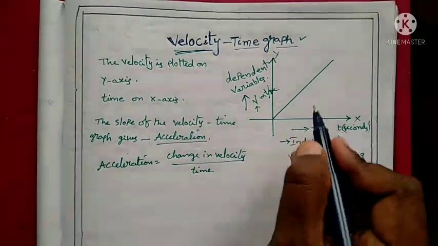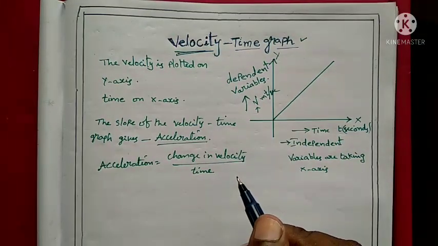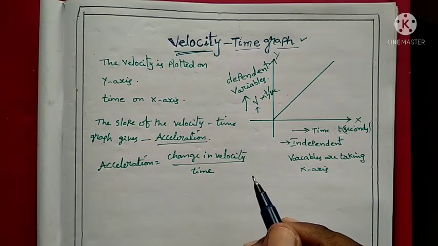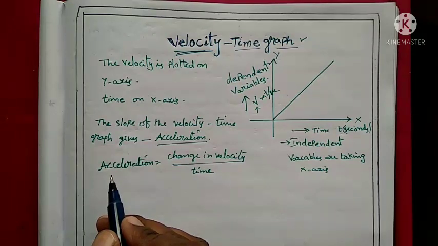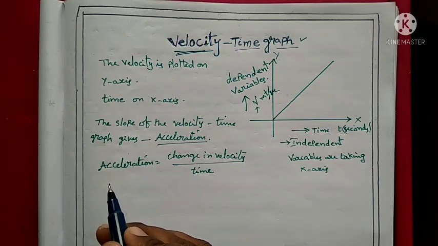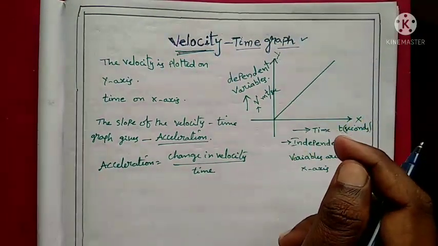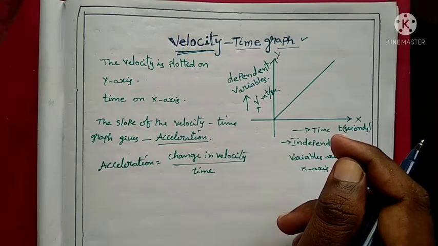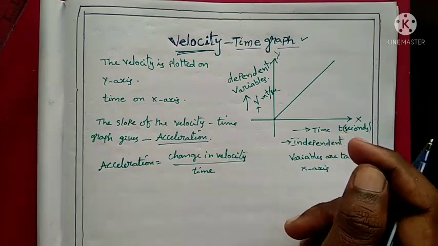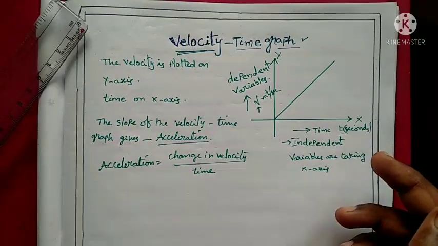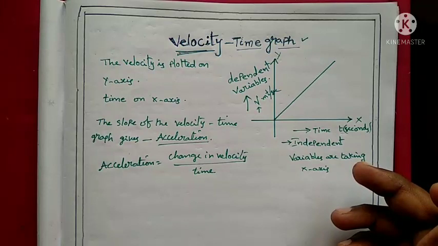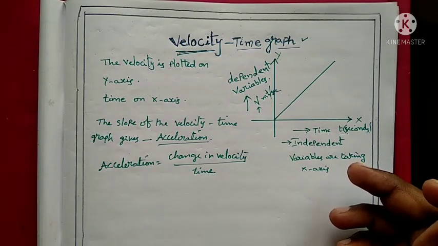There are two kinds of slopes, positive slope and negative slope. A positive slope is called positive acceleration. If the slope is negative, then the acceleration is negative.